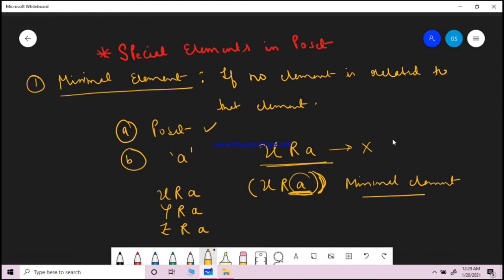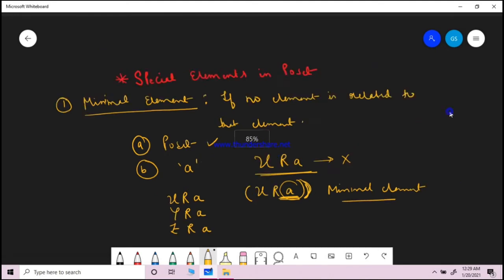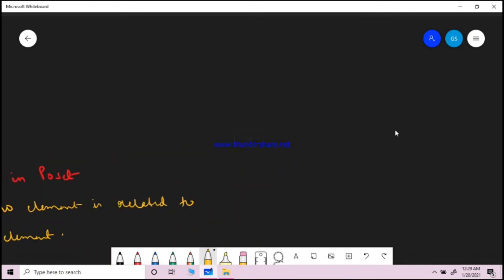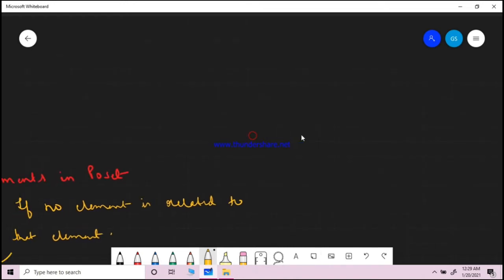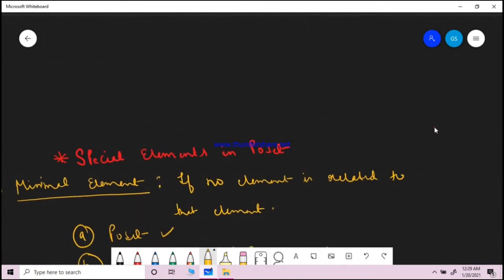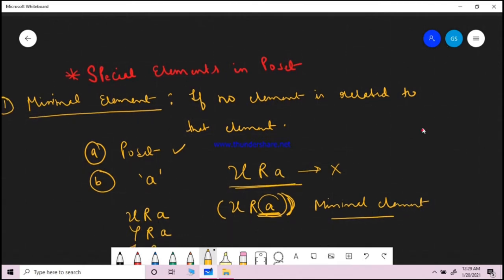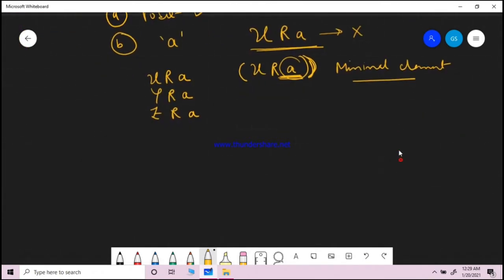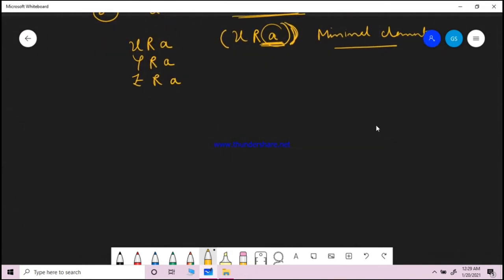And in a similar way, how can you say that a particular element is a maximal element? You can see this using the example. So this was the minimal element.